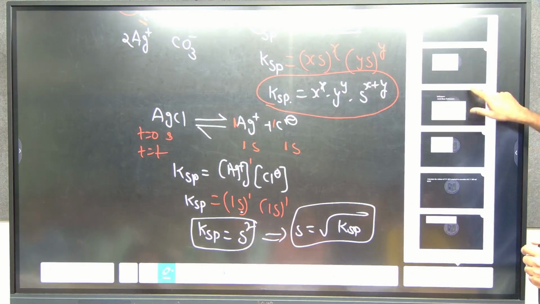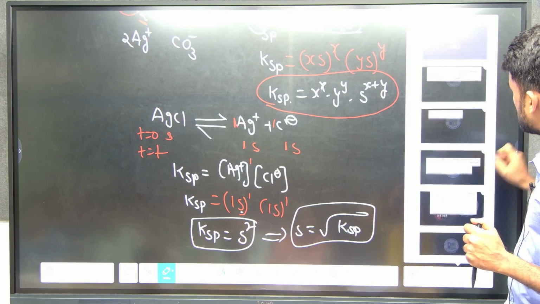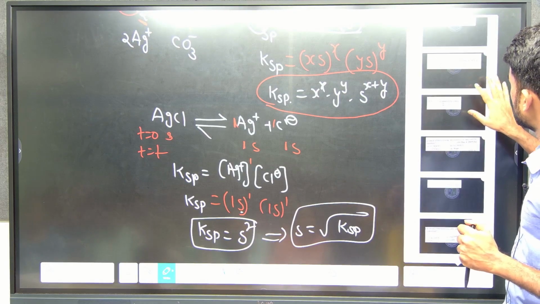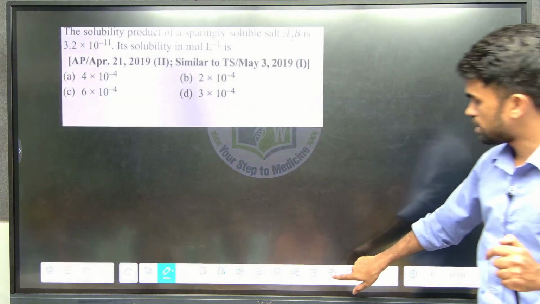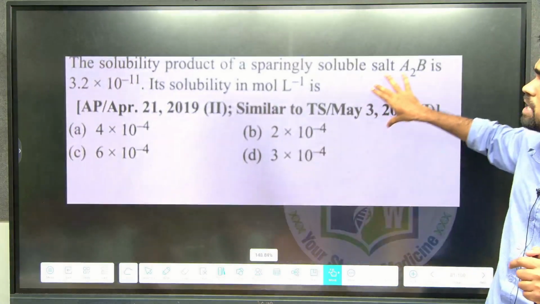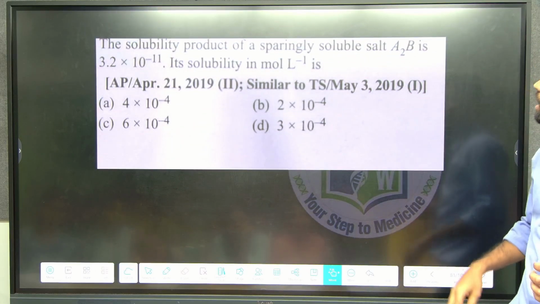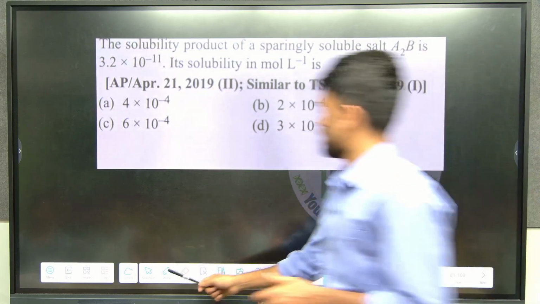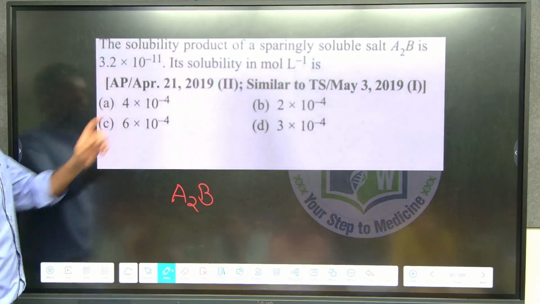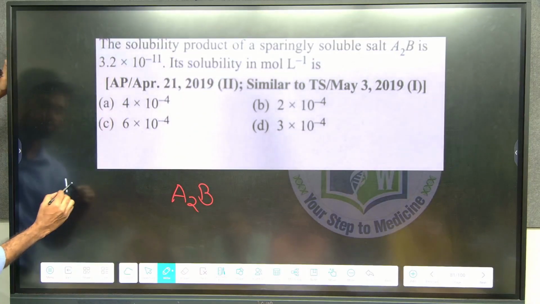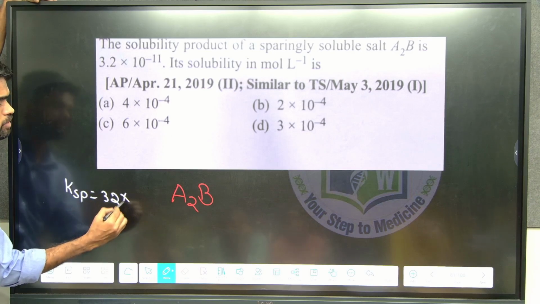Let me check the question related to this. Look here, read this question fast. The solubility product of a sparingly soluble salt, which salt they have given? A2B is this much. I am writing Ksp as 32 into 10 power minus 12.